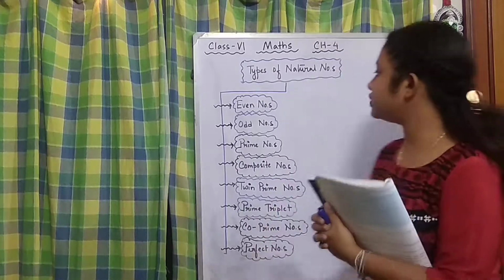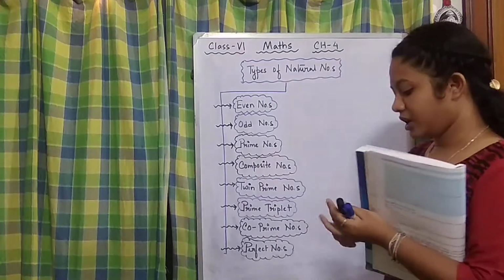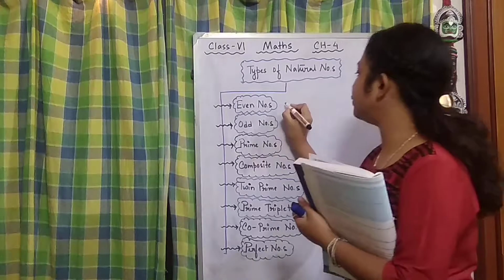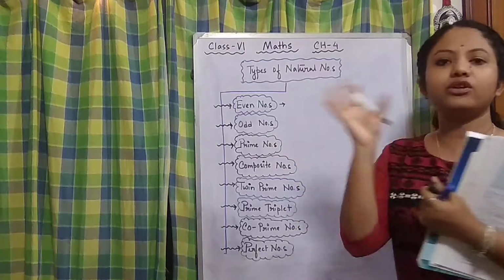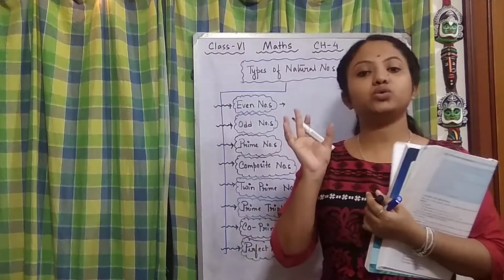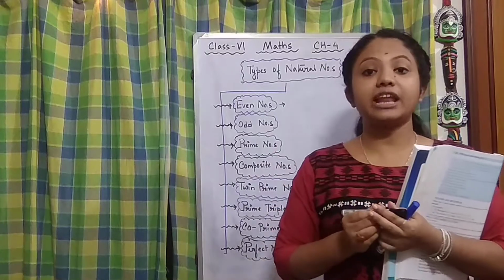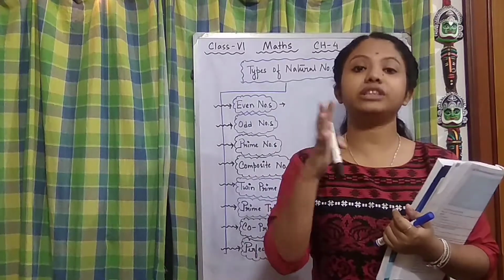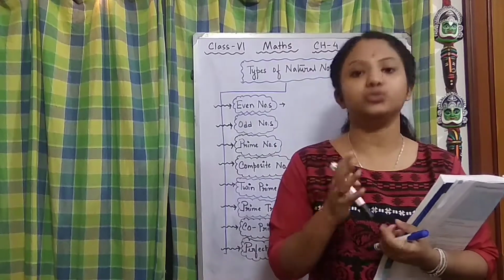Okay, so the first one is the even number. Now we're going to deal with the even numbers. What kind of numbers are they? They are those numbers which can be divided by, or are divisible by, 2.